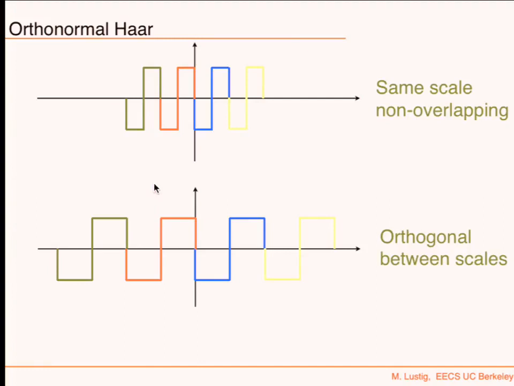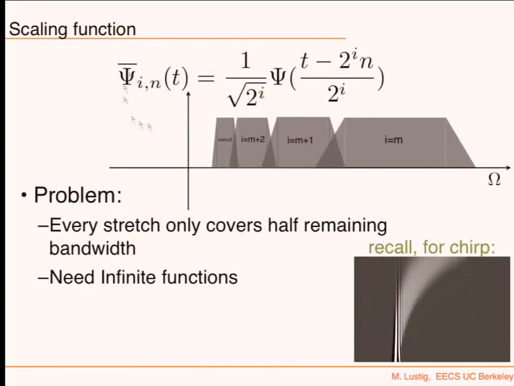Okay? So now we basically have these scaling functions. These are now our wavelet atoms in the orthogonal case. They're represented by i and n. i is the scale, n is the shift.